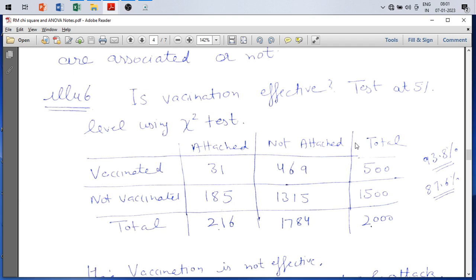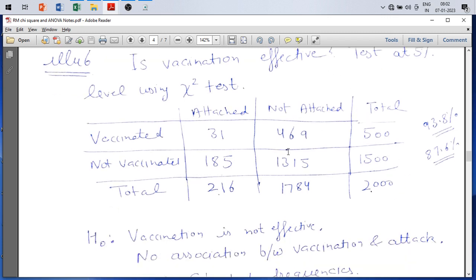It does not matter if you are vaccinated or not vaccinated. They are independent things, because vaccination is not affecting the attack. So when we say the vaccine is not effective, we are saying that vaccination and attack are independent things. They are not related, they are not associated.